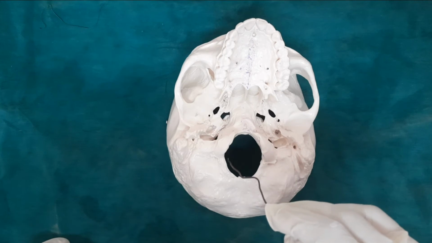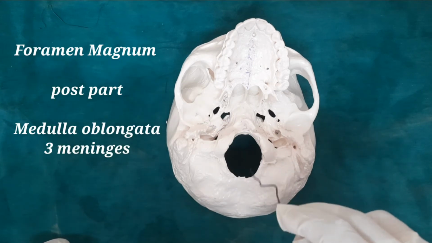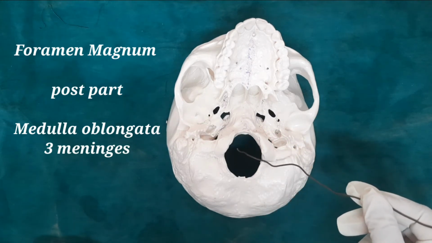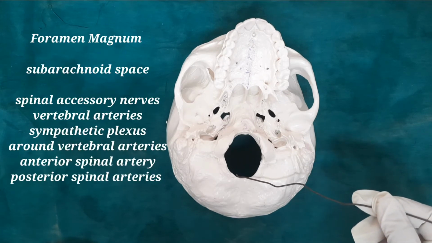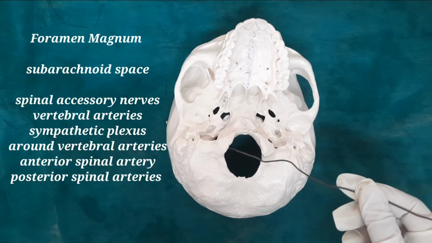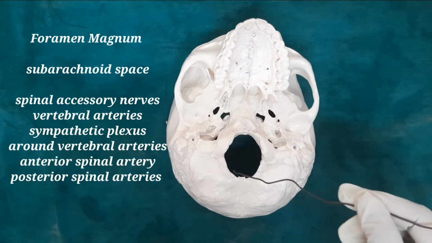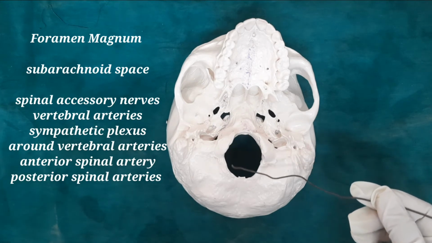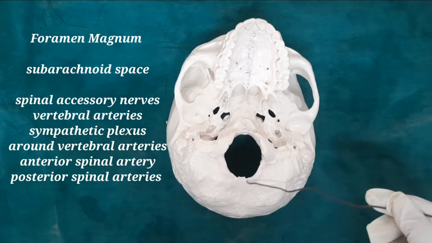Now through the wider posterior part it transmits the lower part of the medulla oblongata and the three meninges, and through the subarachnoid spaces it transmits the spinal accessory nerve, vertebral arteries, sympathetic plexus around these vertebral arteries, then the anterior and posterior spinal arteries. So this is the foramen magnum.